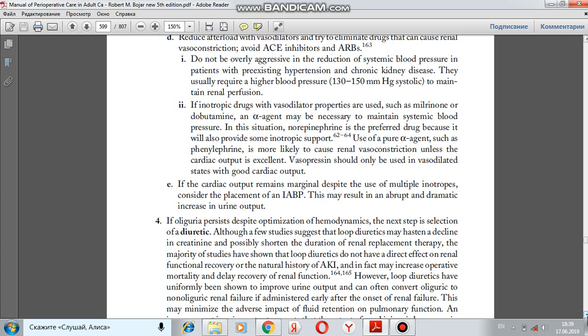Use of a pure alpha agent such as phenylephrine is more likely to cause renal constriction unless the cardiac output is excellent. Vasopressin should only be used in vasodilated states with good cardiac output. If the cardiac output remains marginal, despite the use of multiple inotropes, consider placement of an intra-aortic balloon pump. This may result in an abrupt and dramatic increase in urine output.